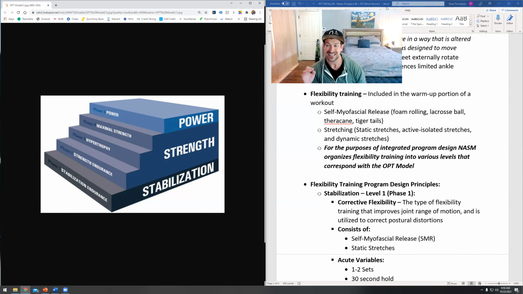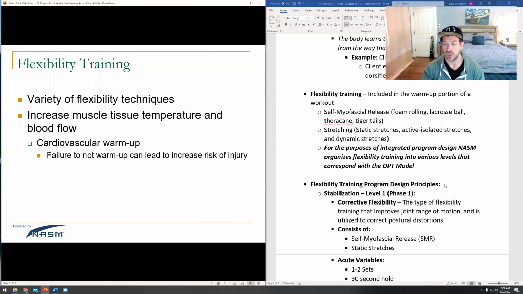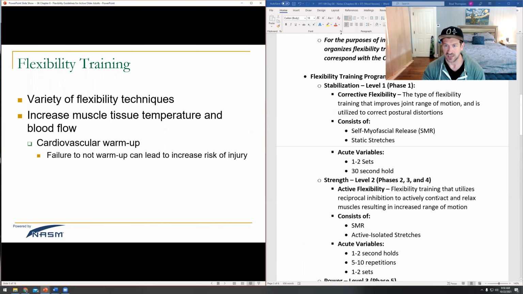We're going to call that a static stretch. Static stretches are long duration stretches. And the reason that they work, actually, I'm getting a little ahead of myself, but the reason is a physiologic principle called autogenic inhibition. So we'll look at that in just a second.